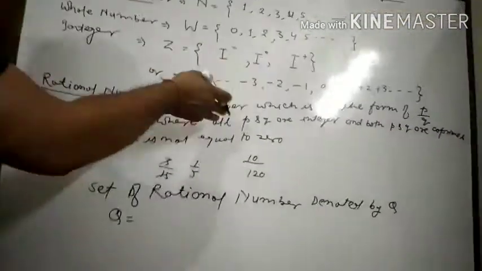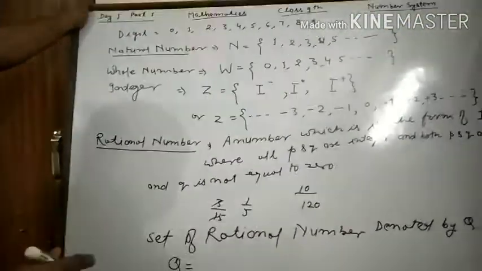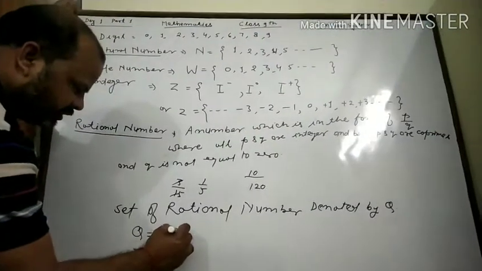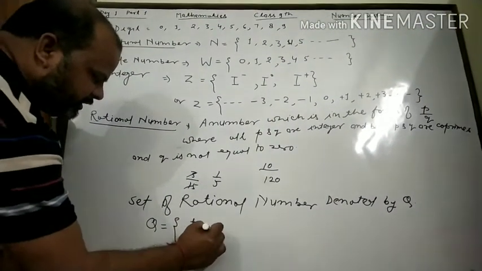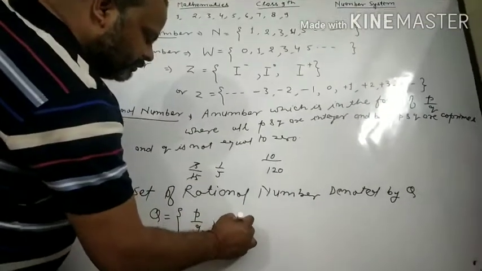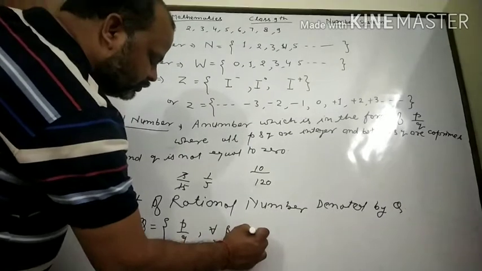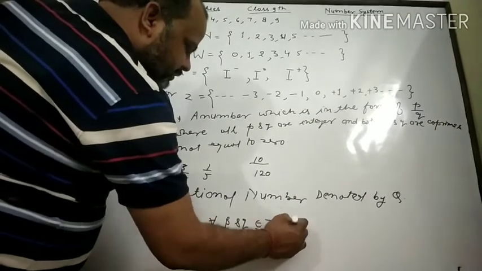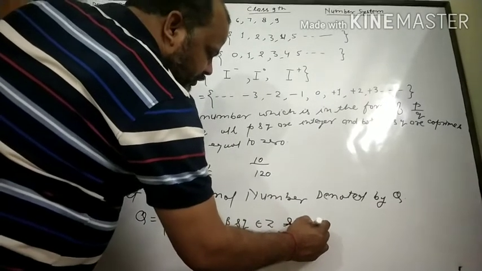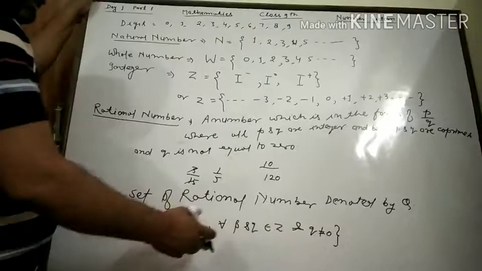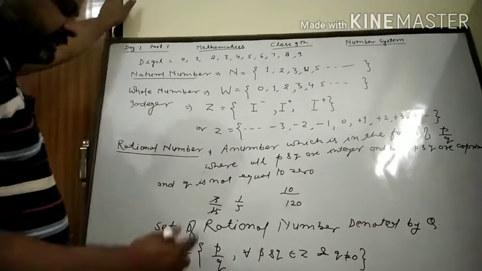Suppose you forget, then you must write: a number which is in the form of P upon Q, where for all P and Q belonging to integers and Q is not equal to 0. Then this is the complete definition of a rational number.